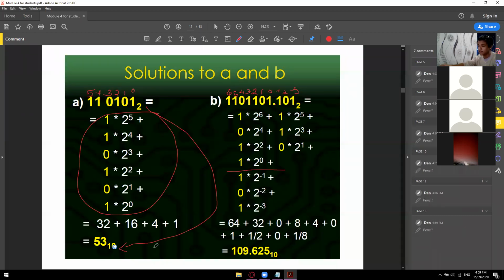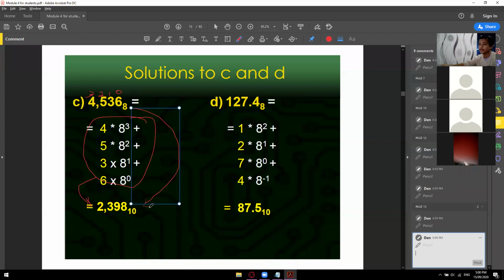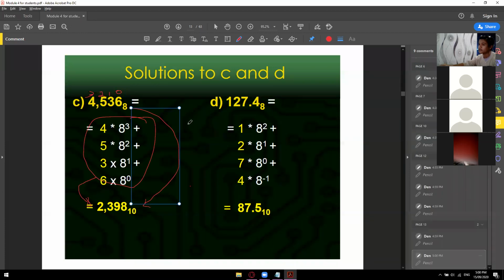So again, do not forget to include the base. Okay, so may base tayo dito, may base din tayo dito. This is an indicator that you have already converted this binary into decimal, and then this octal into decimal. Okay, so very important. Pero kapag sa canvas, let's say, hindi nyo naman malagay yung base, so do not include the base anymore. So, ito na lang, 2,398.